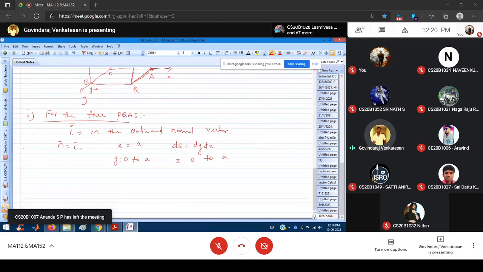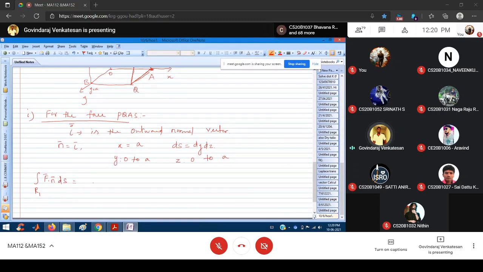So therefore, my surface integral over this region, say R1, of the vector f dot n vector into ds is, since it's a double integral, the value of y running from 0 to a and the value of z also running from 0 to a.